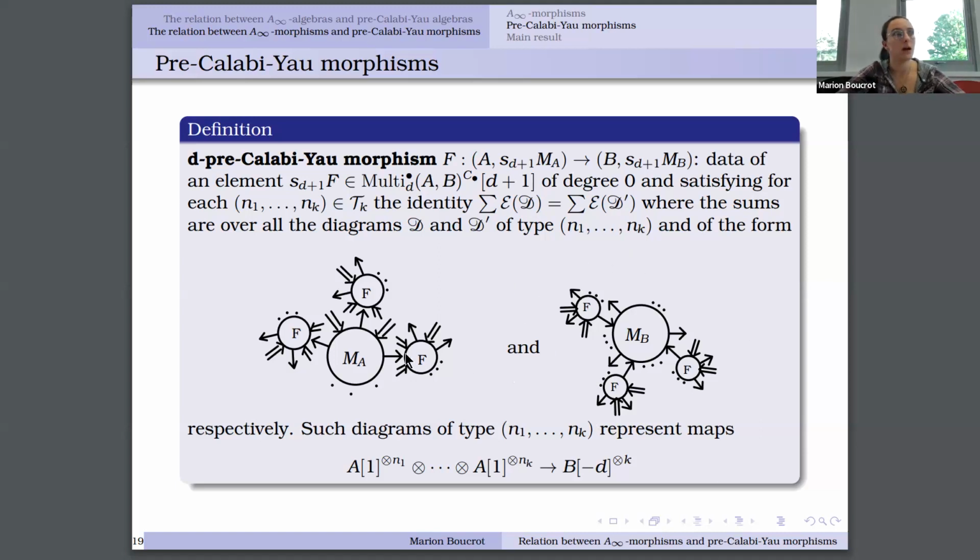So namely, the condition is as follows. If we have here diagrams of this form with an F1, so F1 is represented by a disk with one input and one output.